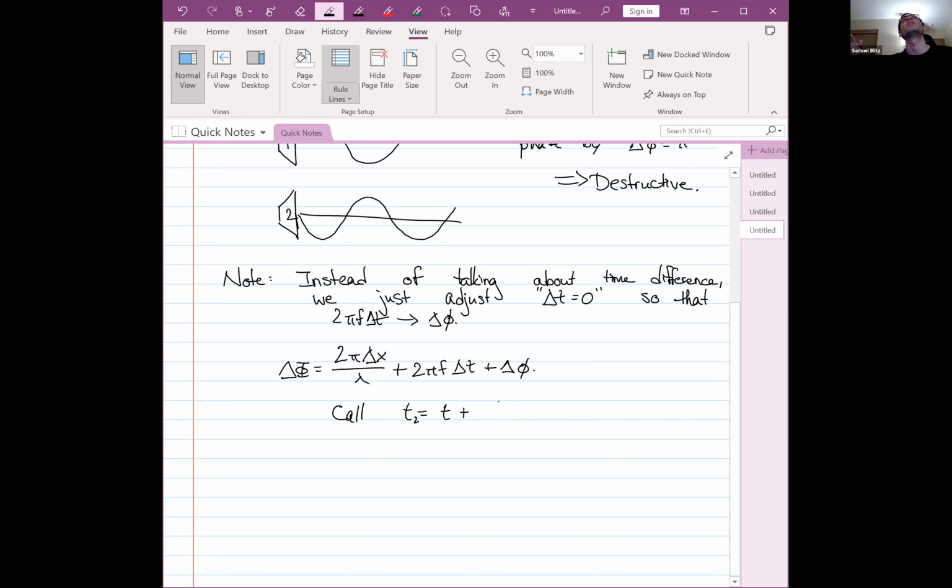T2 is the one that's above. And we call T1 equal to T minus delta T over 2.